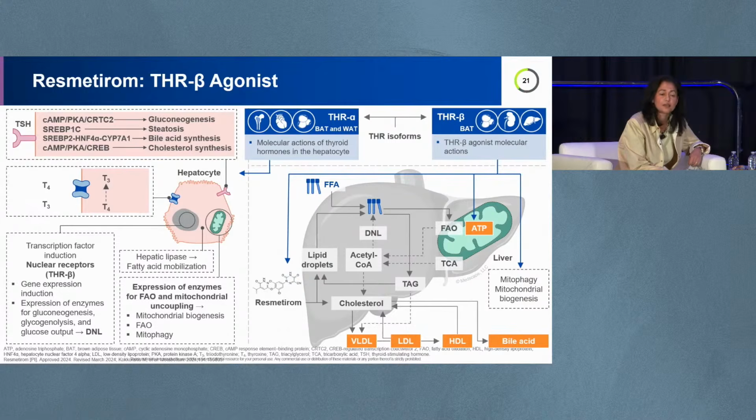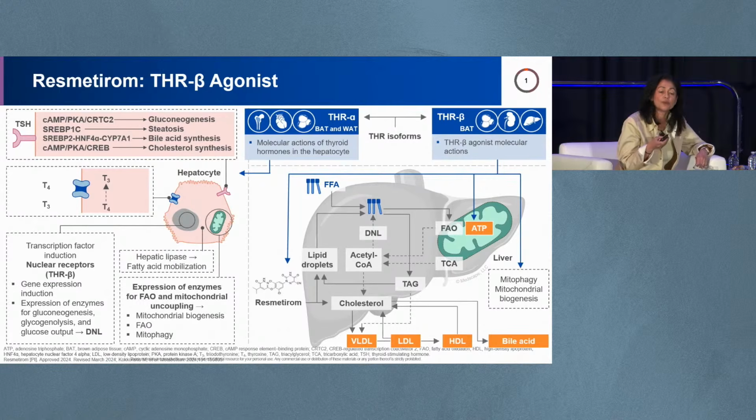It enters the hepatocyte, and one of the key things it does is it promotes the burning of fat, so increases mitochondrial capacity to burn the triglycerides, so fatty acid oxidation. And so over time, when we have excess fat accumulation, it revs up the mitochondria in two ways.